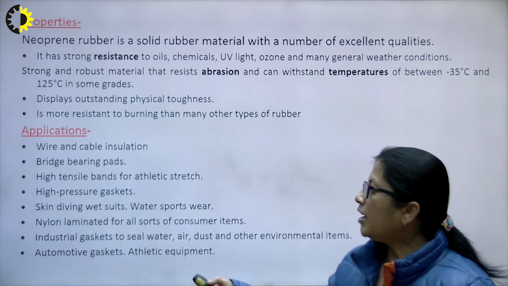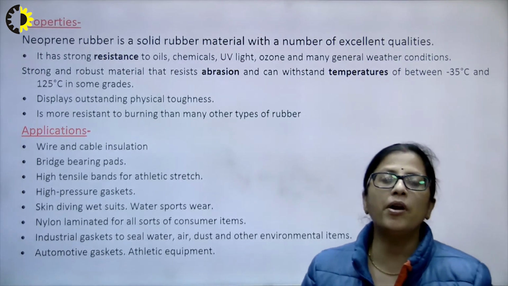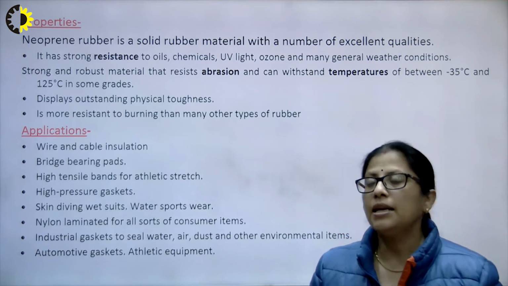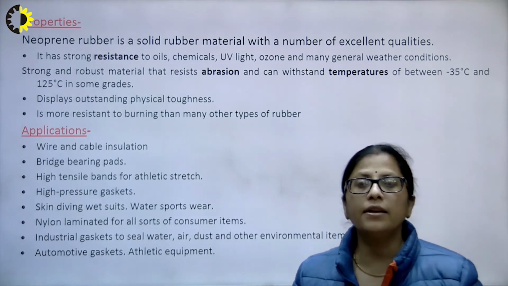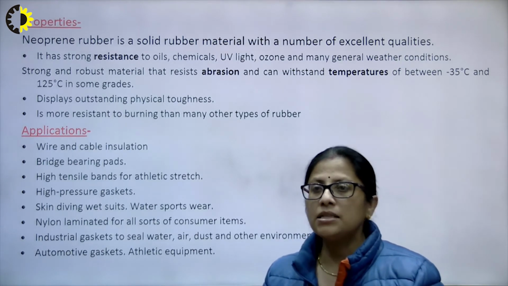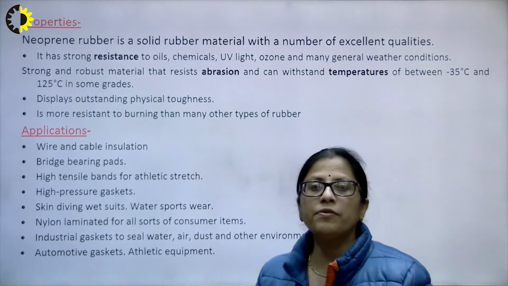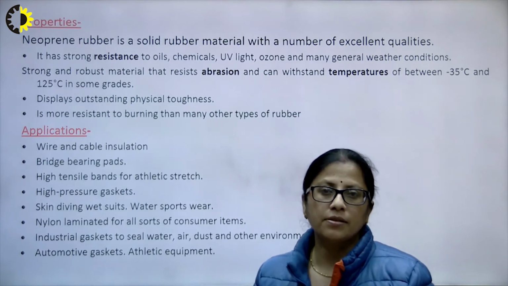Then it is used in nylon laminates for all sorts of consumer items. Then again it is used as gaskets to seal water, air, dust and other environmental items, and in the case of automotive gaskets and in athletic equipment.